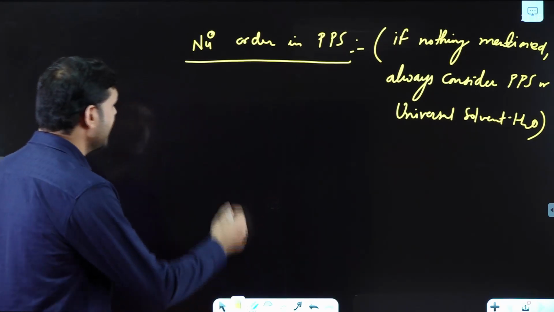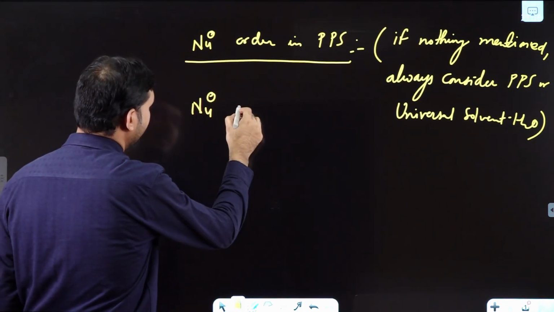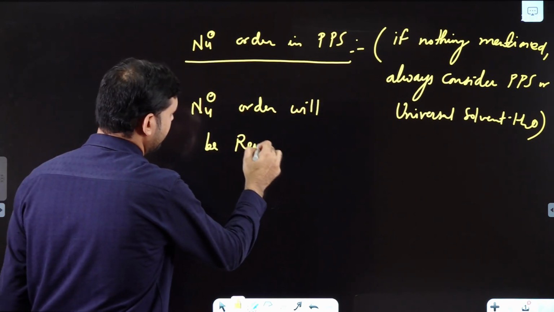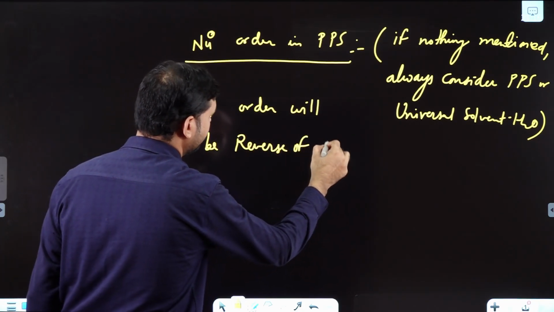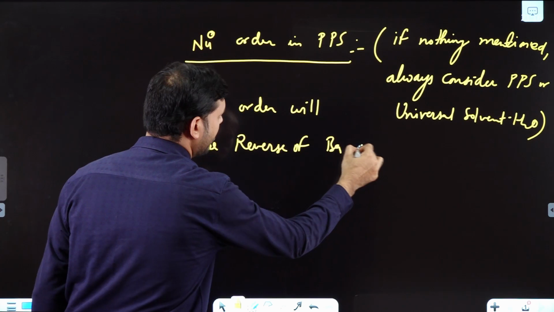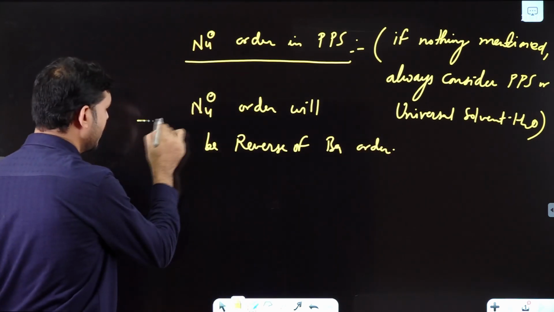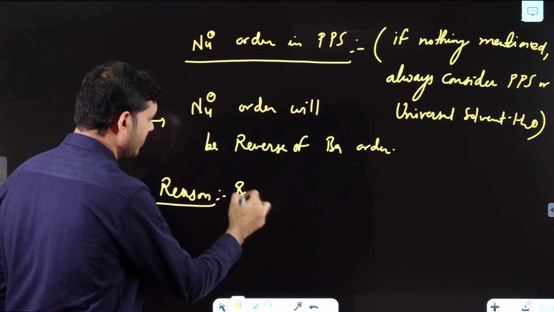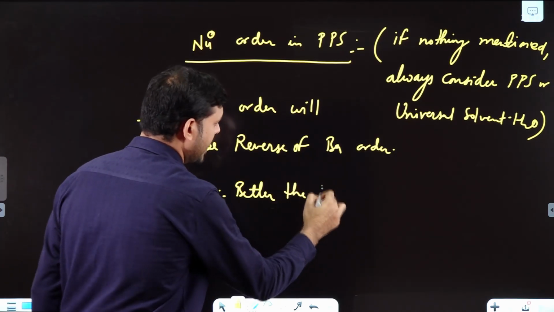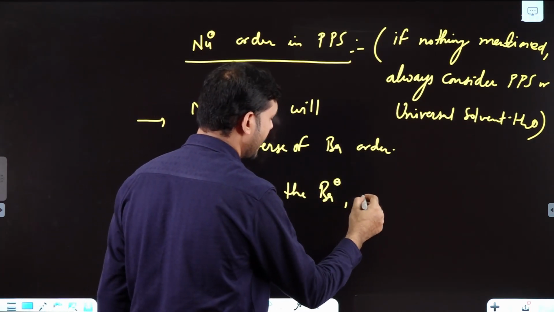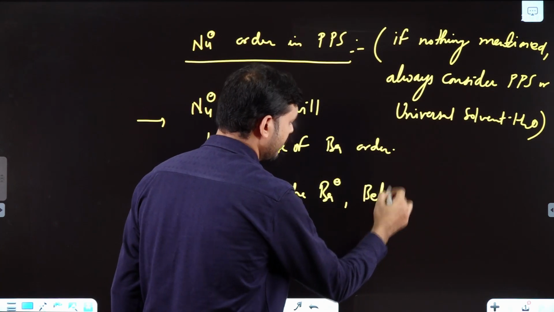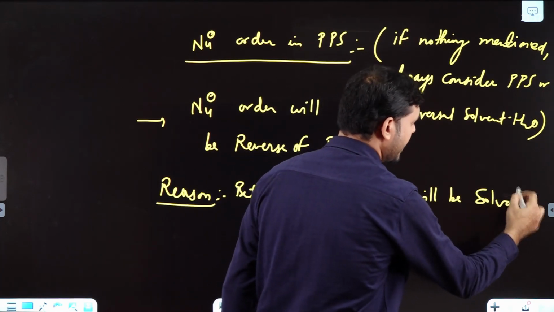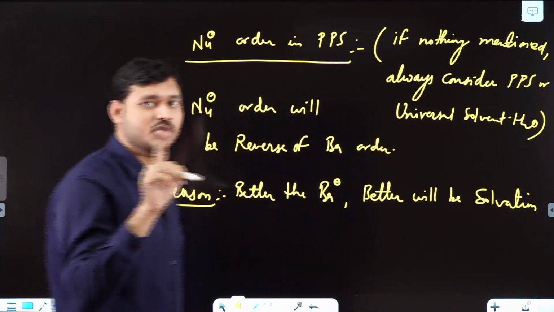Now what will happen? The nucleophilicity order will be the reverse of the basicity order. Reason: the better the basicity, the better will be the solvation. In an earlier class I discussed solvation as well.